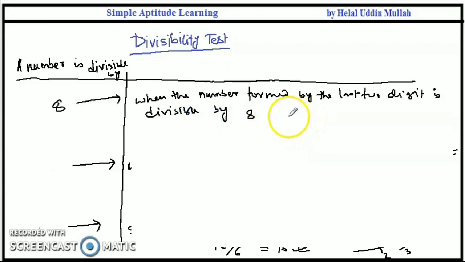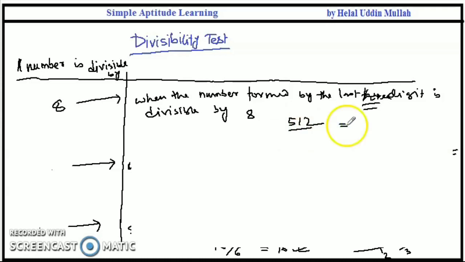For example, if we consider 512, its last 3 digits are 5, 1 and 2.